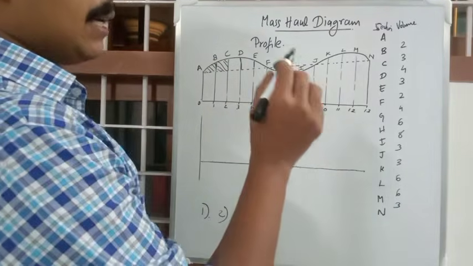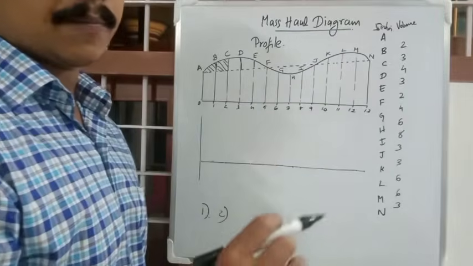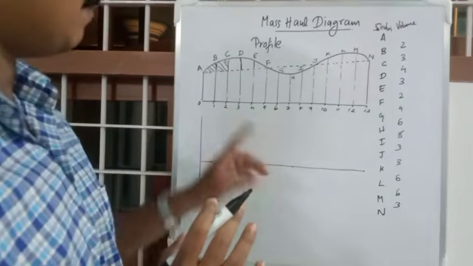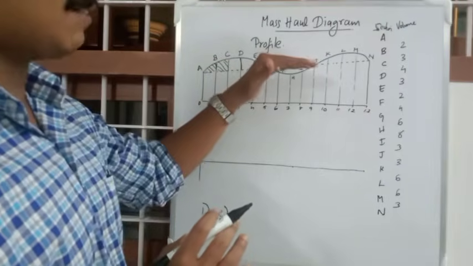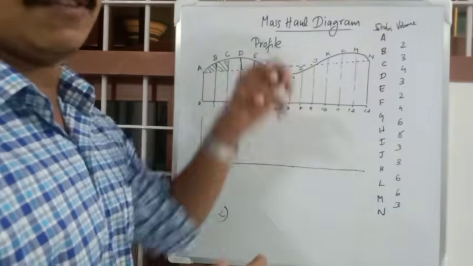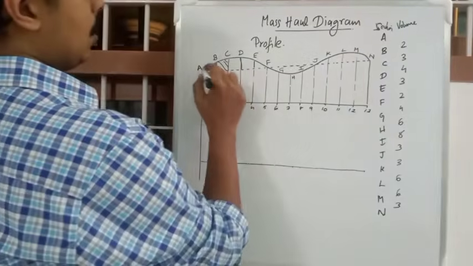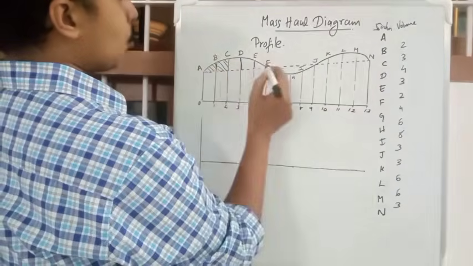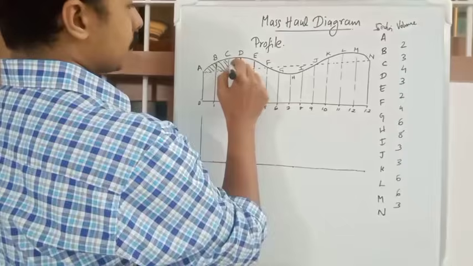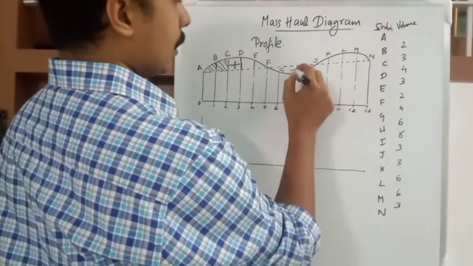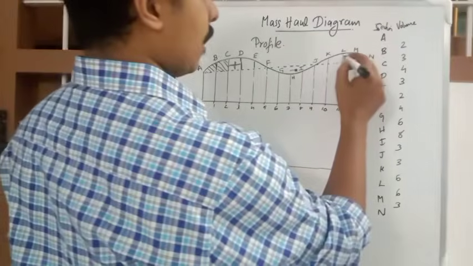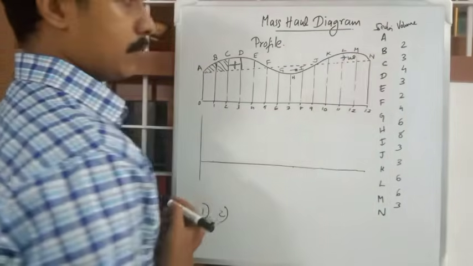One point to notice: you assign a positive sign to the volumes that are to be cut and a negative sign to the volumes that are to be filled. All the values from A to F will be positive, F to J will be negative, and J to N will be positive.